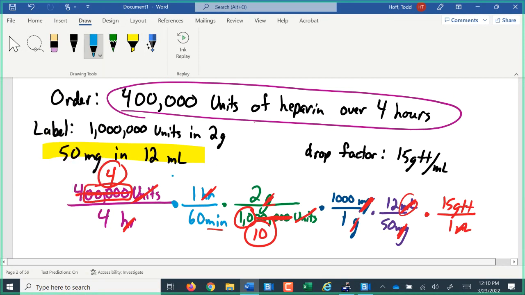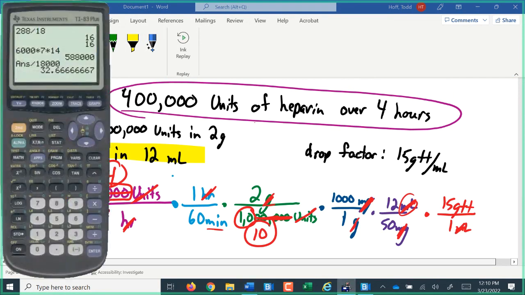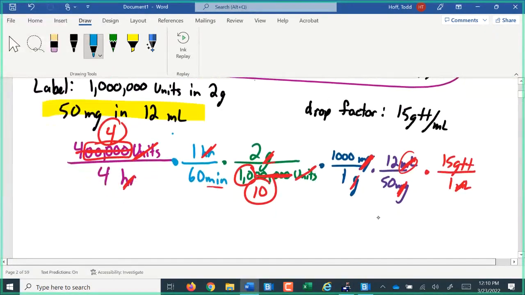4 times 1 times 2. Calculator up, so I just type these in. 1,000 times 12 times 15 gives us 1,440,000 drops over on bottom.